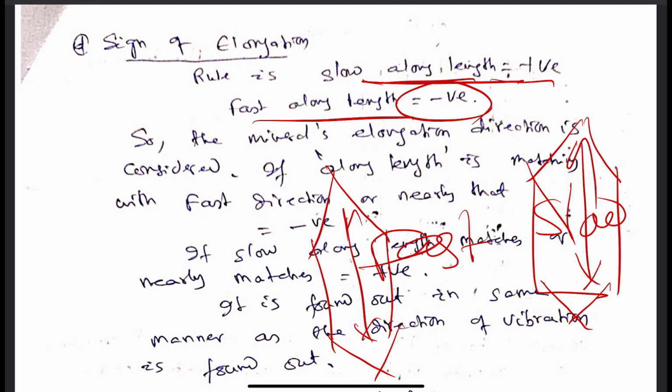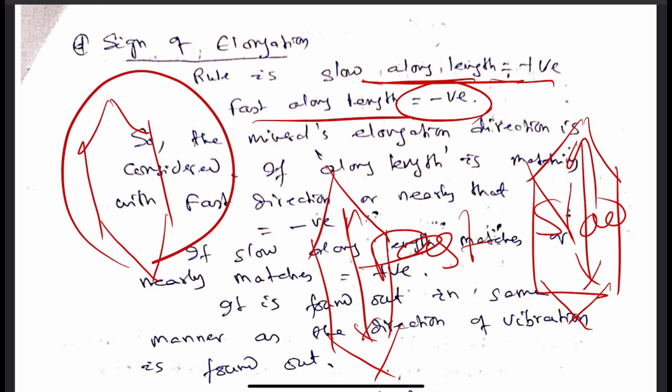If by keeping the mineral in this position, the mineral is not found to be dark, it is like this, then a little rotation will make it dark.